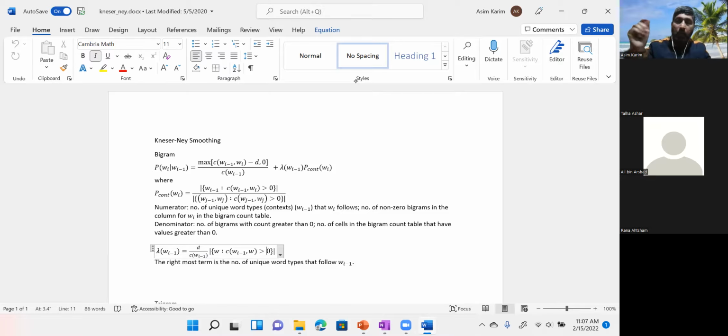So we wanted to find how many w_{i-1} contexts we subtracted d from, and we add that back here: d times that number, and of course divided by the same normalizing factor.